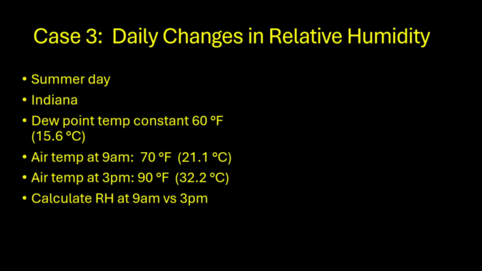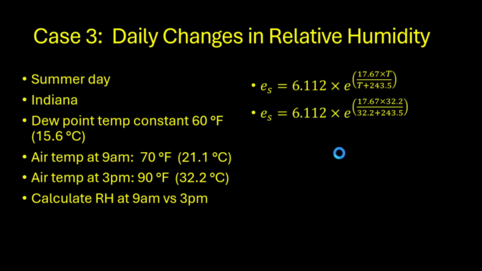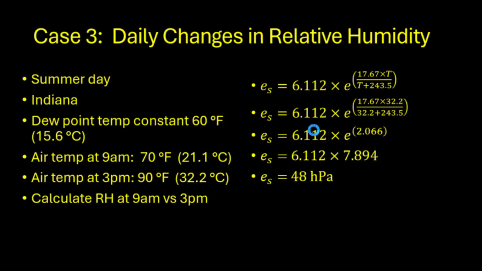Now let's look at the same thing but later in the day. So what we have is our formula, and our air temperature is now 32.2. And the result of that is 48 hectopascals.